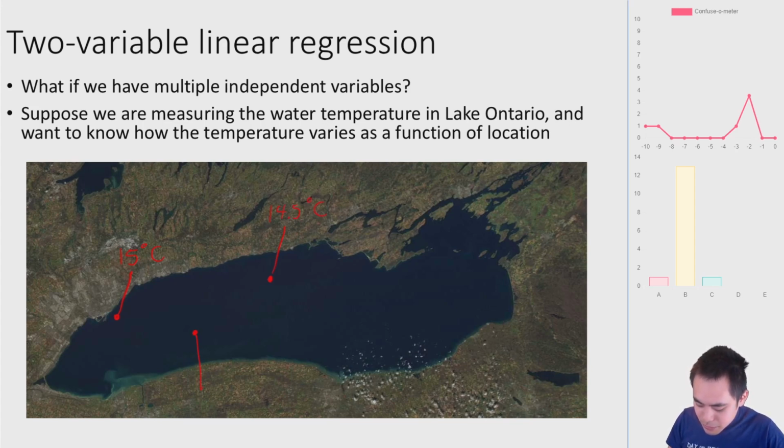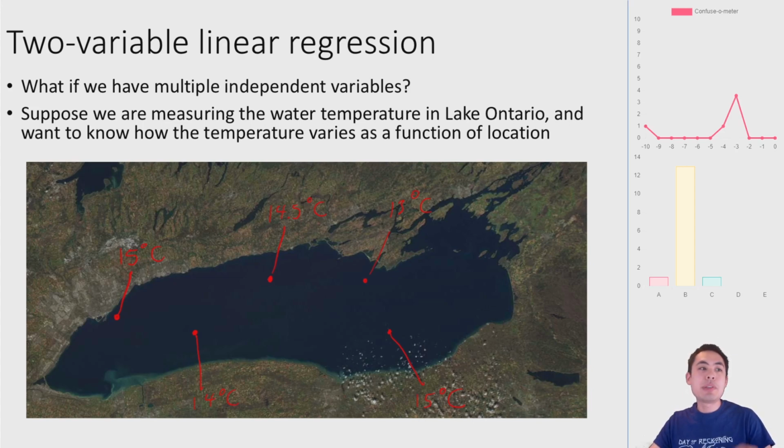Another point, 14 degrees Celsius, and let's say up here it's 13 degrees Celsius, etc. So we can take a bunch of sample points and then ask ourselves, can we build a model so that we can interpolate between these and try to figure out what the temperature is elsewhere in the lake without actually having to measure it everywhere?